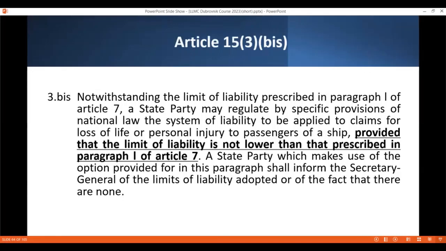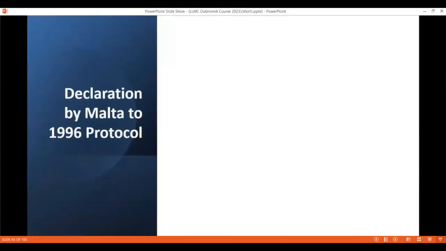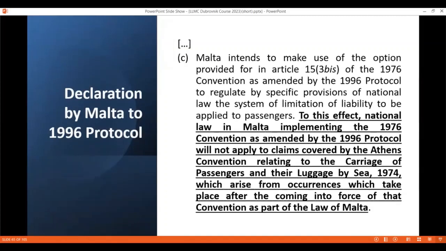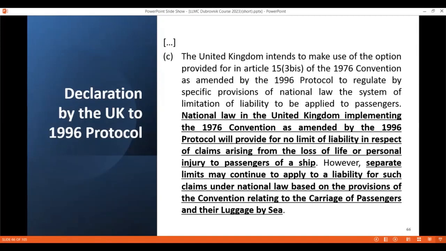But 15.3 bis provides that if a state thinks that this amount is too low, they can put the amounts higher. There have been several approaches. For example, Malta says that any claim for passengers will be regulated by Athens. The UK says that LLMC does not cover claims for passengers, it just leaves them out. It doesn't say what will govern them, but it will be Athens.